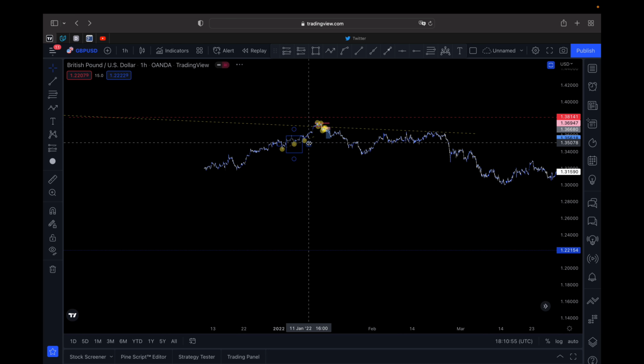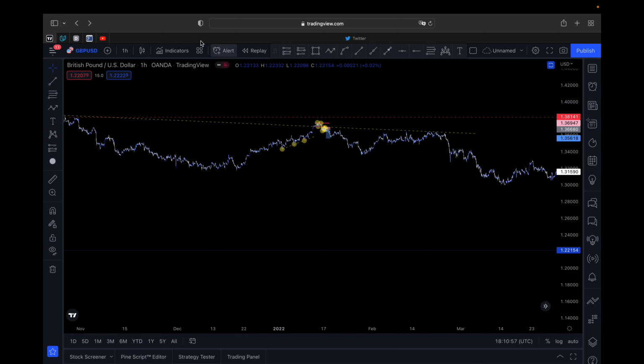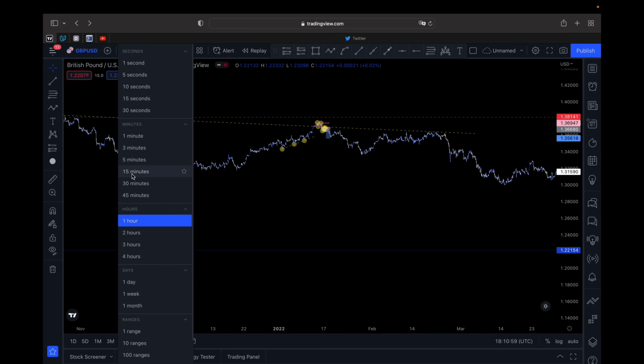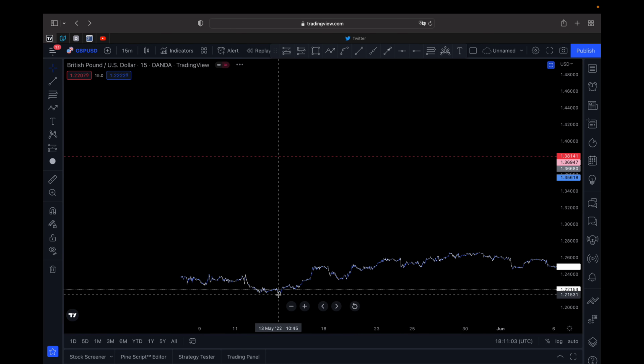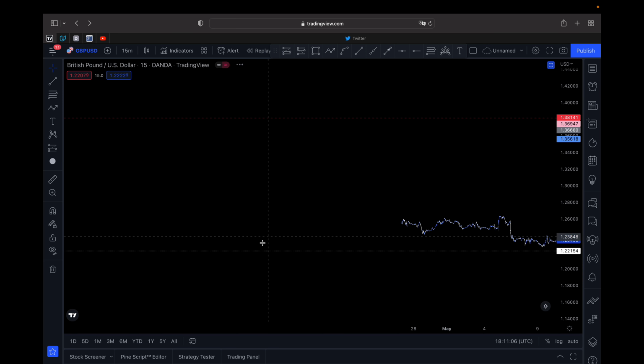So this is what we are looking for here, this point here, back on the 15 minutes time frame. No, price is not loading.